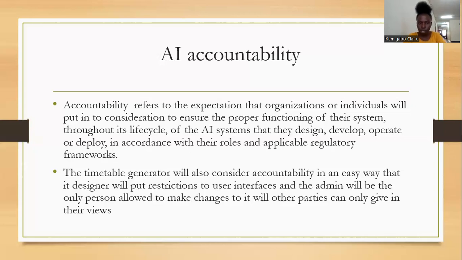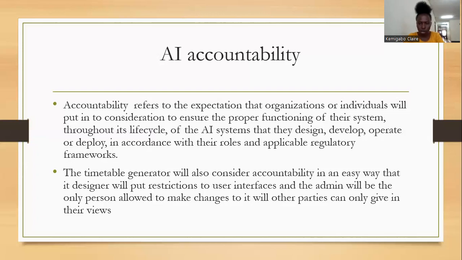The timetable generator also considers accountability in an easy way, in that its designer will put restrictions on the interfaces, so that it will only be the admin to make changes, not students. You know how students are, students are so funny. If you don't put restrictions, they can set the timetable in a way that favors them, yet it doesn't favor the lecturer.